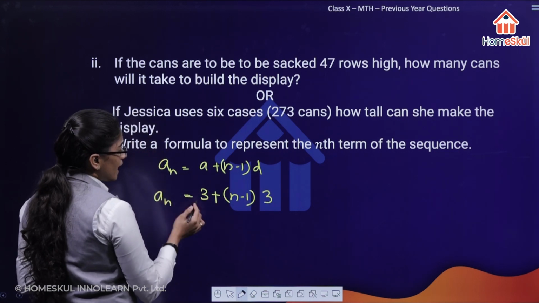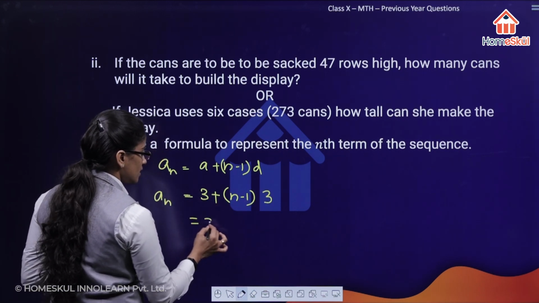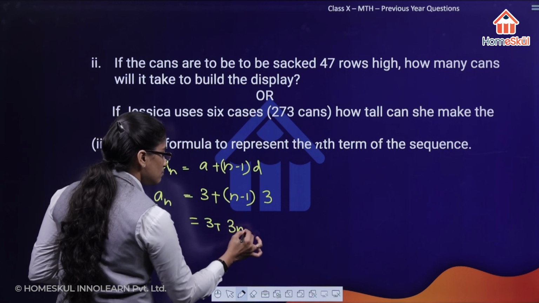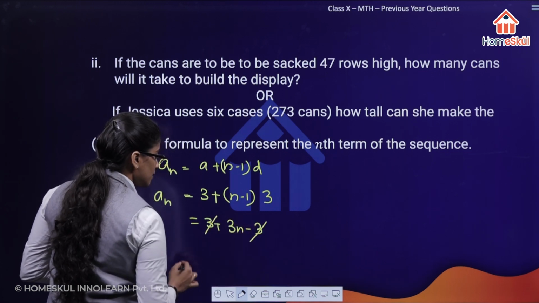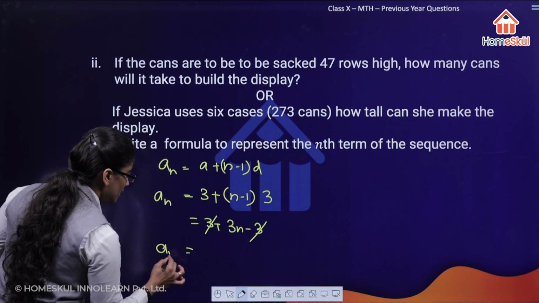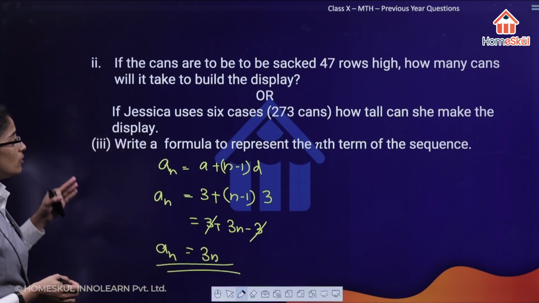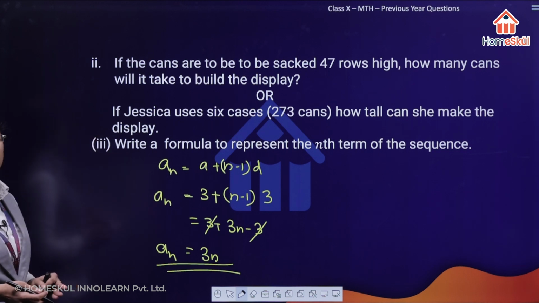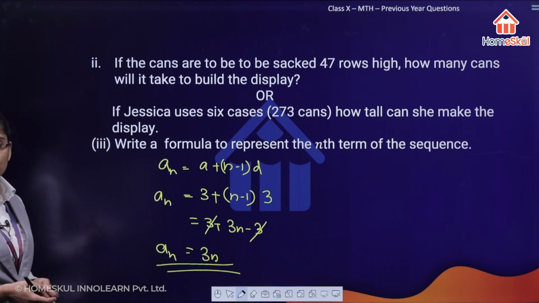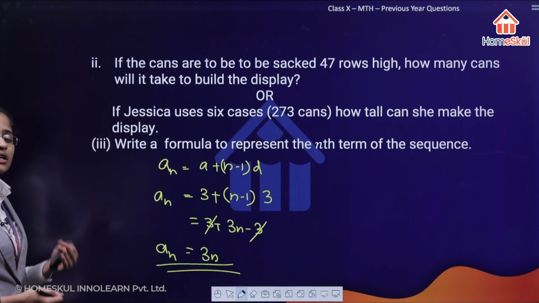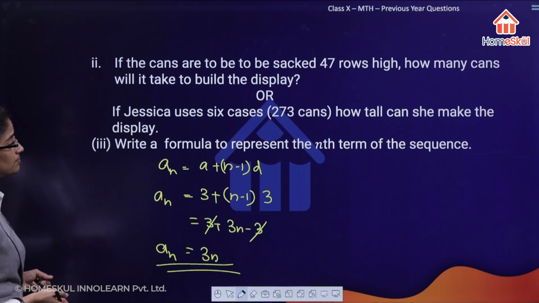That is, we are getting an is equal to 3 plus 3n minus 3. The 3 and minus 3 can be cancelled. There we are getting an is equal to 3n. So, what is the formula to represent the nth term of the sequence? It is an is equal to 3n. Okay. So, very easy question. So, shall we move on to the last question?